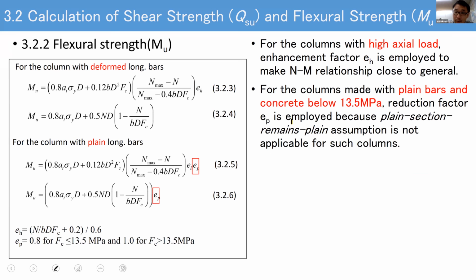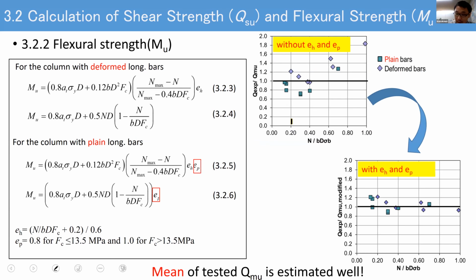And for the column made with plain bars and concrete below 13.5 MPa, reduction factor EP is employed because the plane section remains plane assumption is not applicable for this kind of columns.